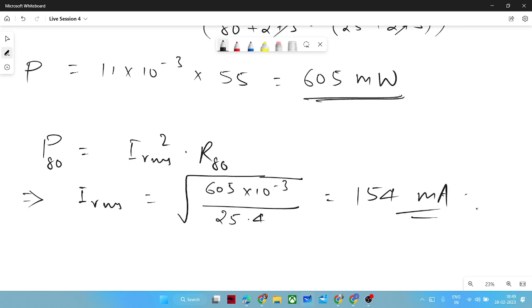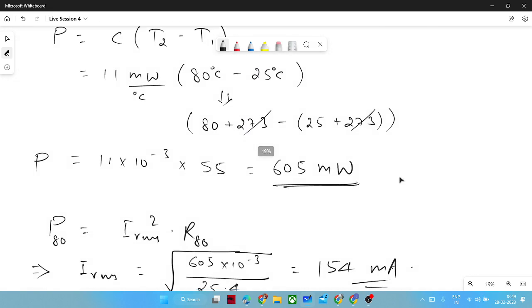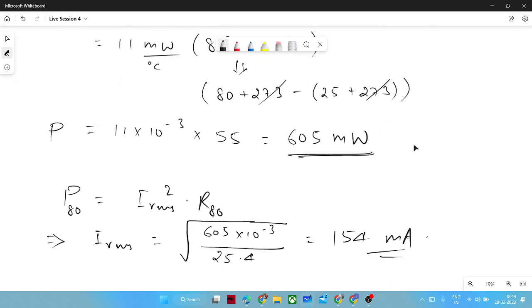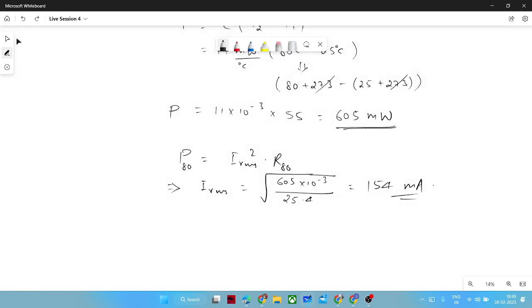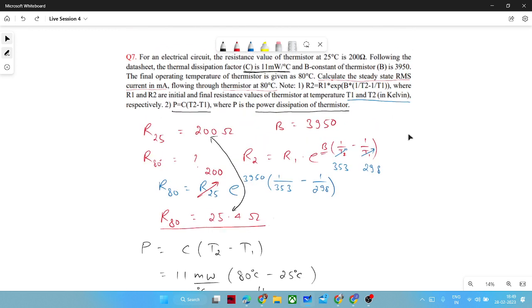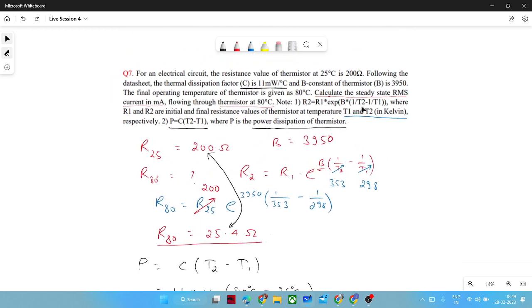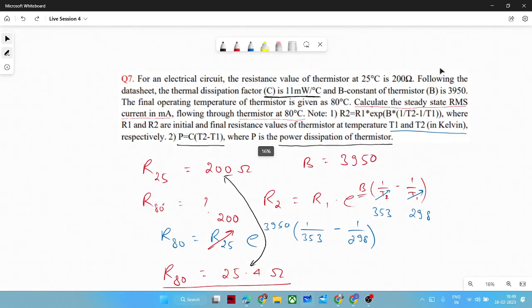Okay, is this fine? Any issue in this problem? So with thermistor, you will generally be given two conditions, one at initial temperature, one at final temperature. You just need to put the resistance and you just need to do the desirable things.